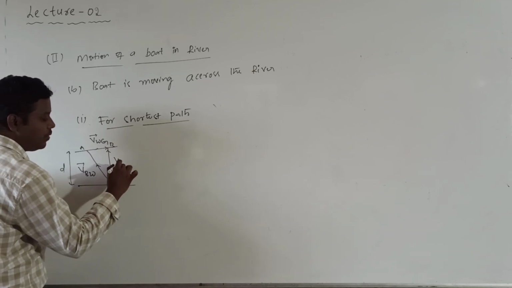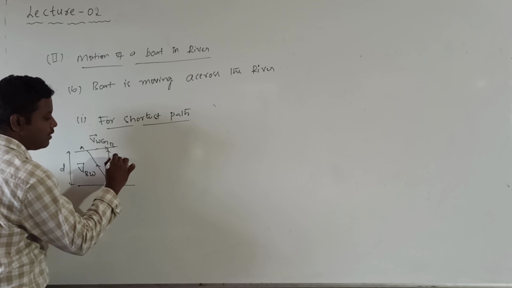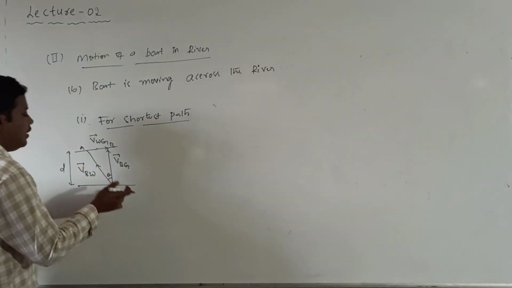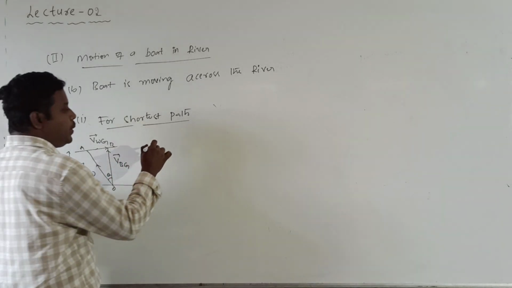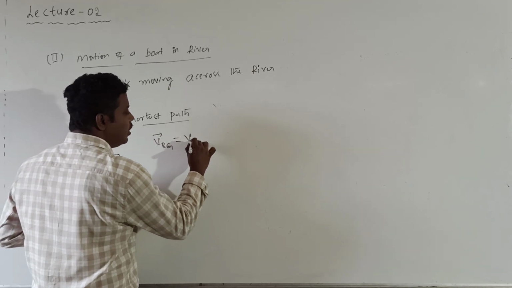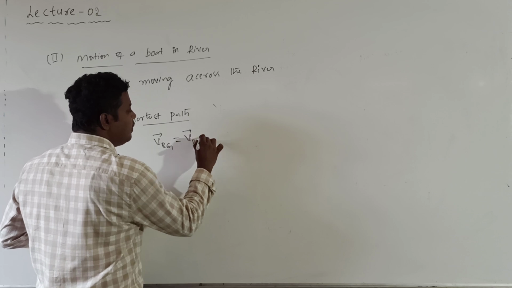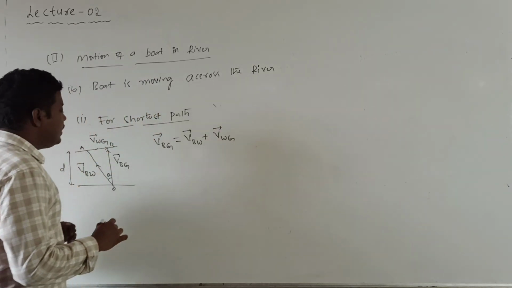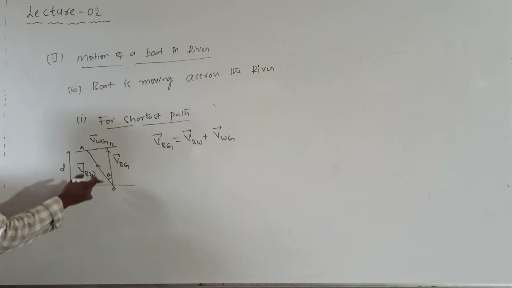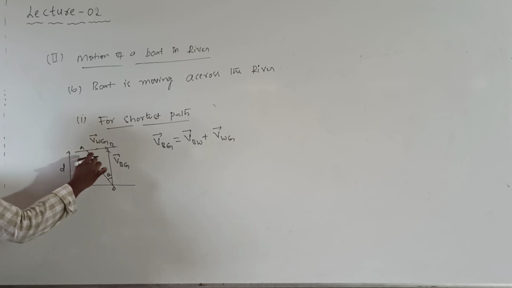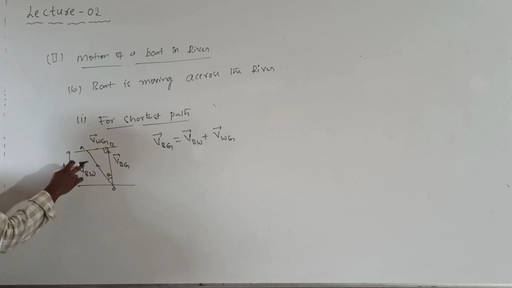So what does it give us? The velocity of the boat with respect to ground, VBG. VBG is equal to the velocity of boat with respect to water plus the velocity of water with respect to ground. What is the magnitude of this VBG? For calculation of its magnitude, can I apply the Pythagoras formula? Here the angle is 90 degrees. This will be the hypotenuse, and this is the opposite side.